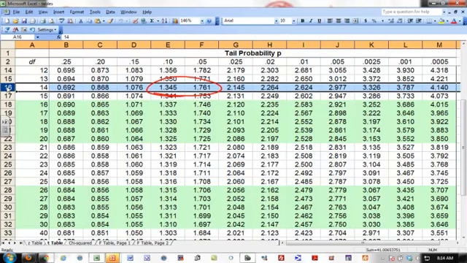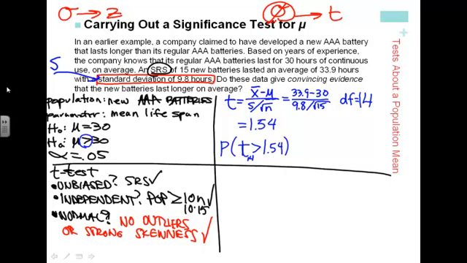So now we're ready to go back to our 4-step process and write in what we know. The probability that t is greater than 1.54 is larger than 0.05. Or if you want to be more specific, it is between 0.05 and 0.10.